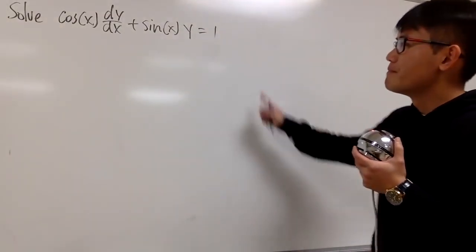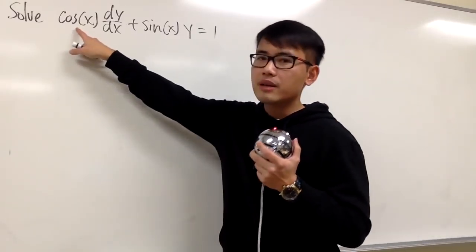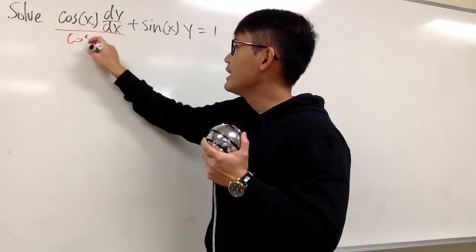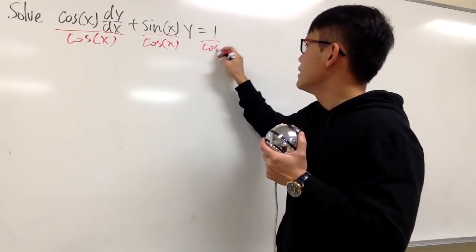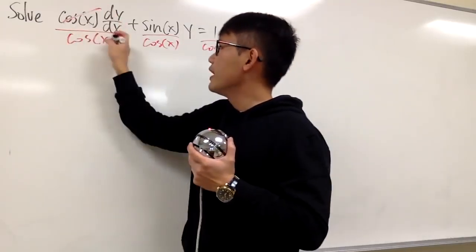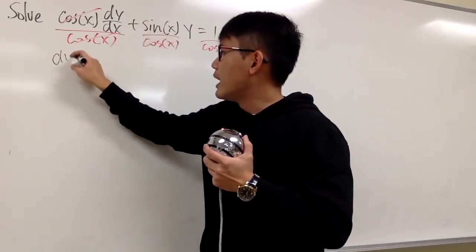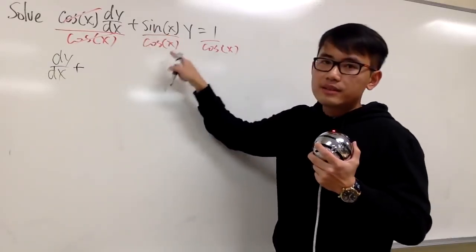Alright, now, this right here is not in the correct form though, because we have this cosine of x in the front. But it's okay, because we can just go ahead and divide everything by cosine of x. Right? This way, we'll be able to get into the correct form that we want. We will have dy dx plus sine of x over cosine of x.